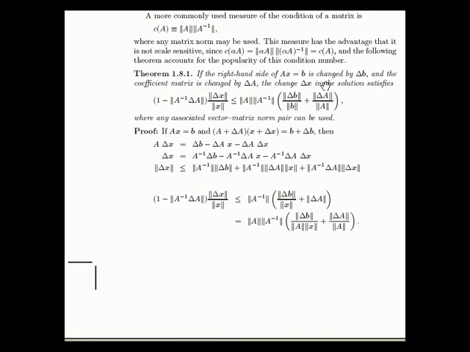So even if you solve the system supposedly exactly with Gaussian elimination and partial pivoting, you're still going to have this kind of error: the condition number of A times the machine precision. That's our rule of thumb, that the relative error in X due to everything, the change in B, the change in A, and the errors made by partial pivoting and Gaussian elimination, is on the order of the condition number of A times the machine precision.